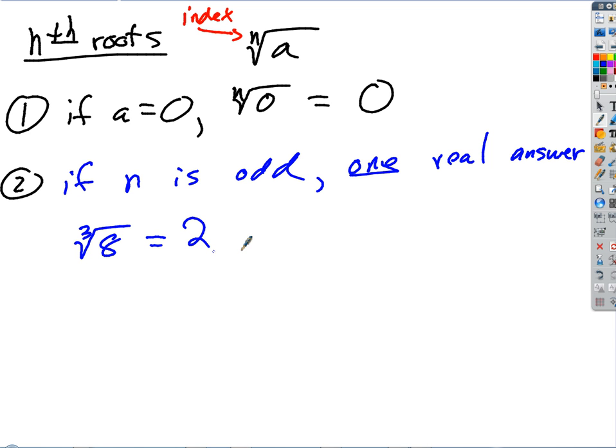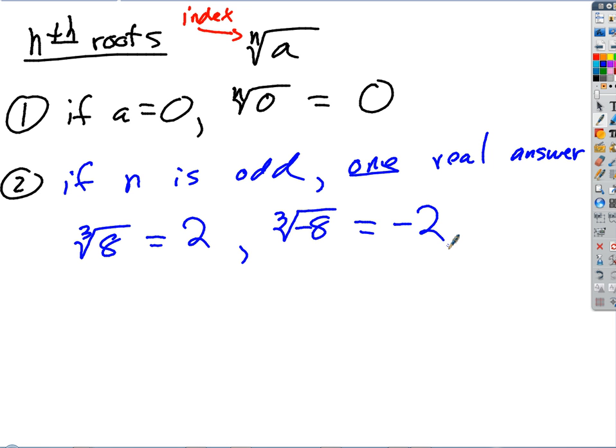What about the cube root of negative 8? Negative 2, right? Now think about that, because negative 2 times negative 2 is 4, times another negative 2 gives me negative 8. So if n is an odd number, we can put negative numbers into odd roots and we get answers. The imaginary number i doesn't apply.